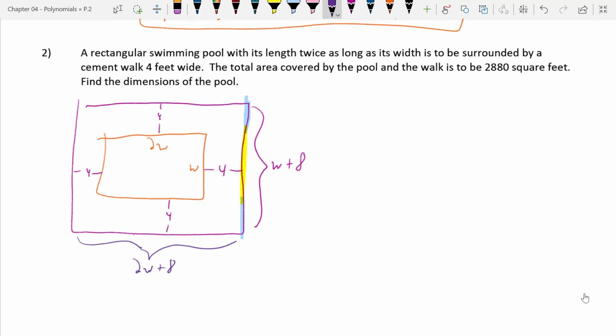And then it says the total area is 2880 square feet. So total area is going to be the outer length times the outer width equals 2880. You can actually at this point factor out a 2 from here if you'd like.